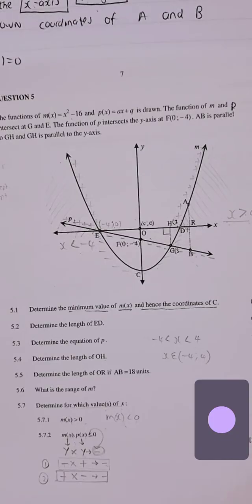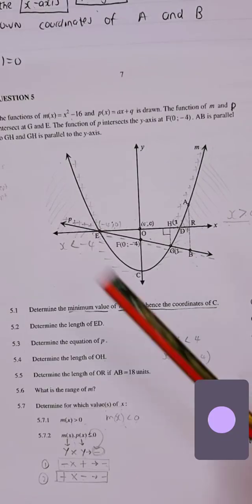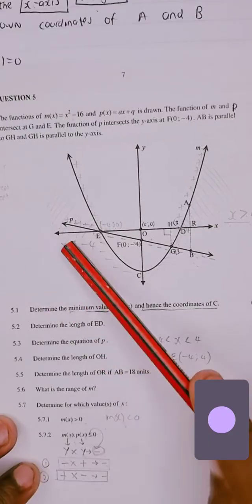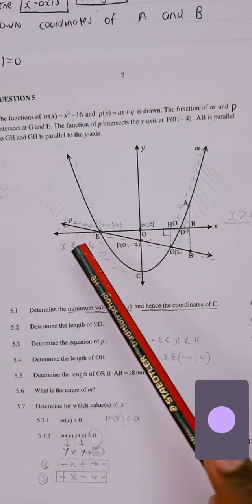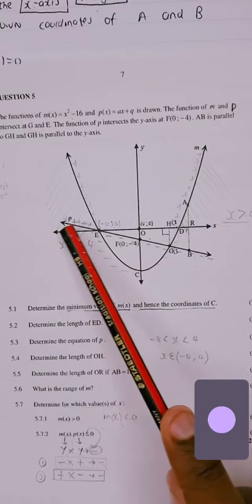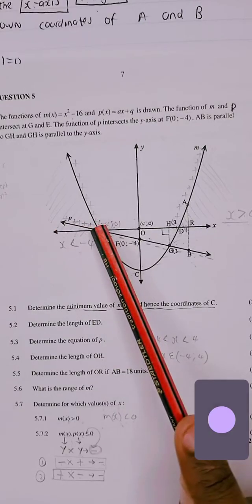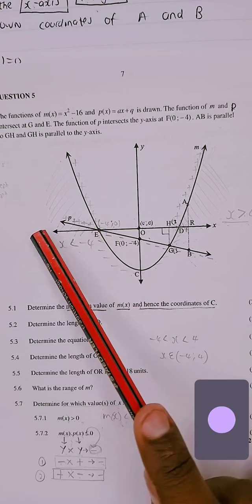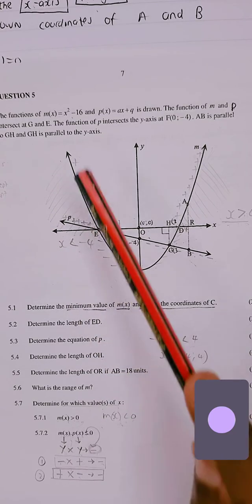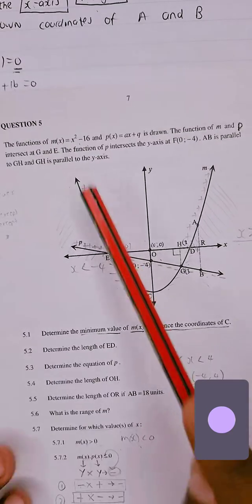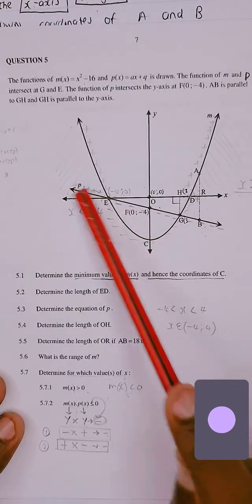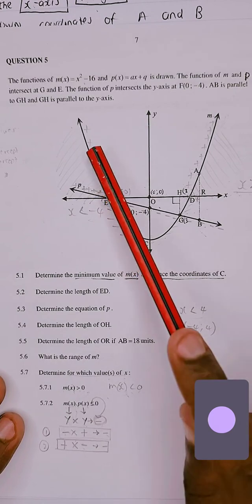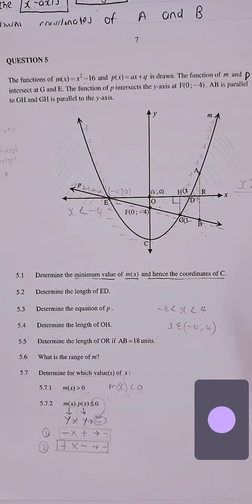So now, I'm going to move from left to right and check. From negative infinity to negative 4, what is the situation? The y of m is positive. The y of p is positive. The product gives us a positive.